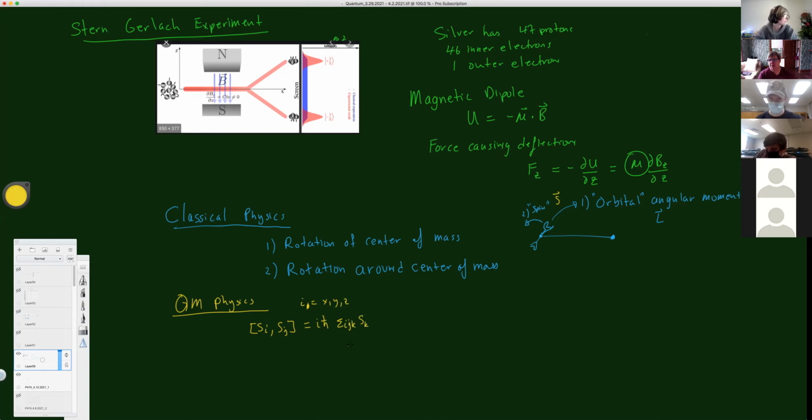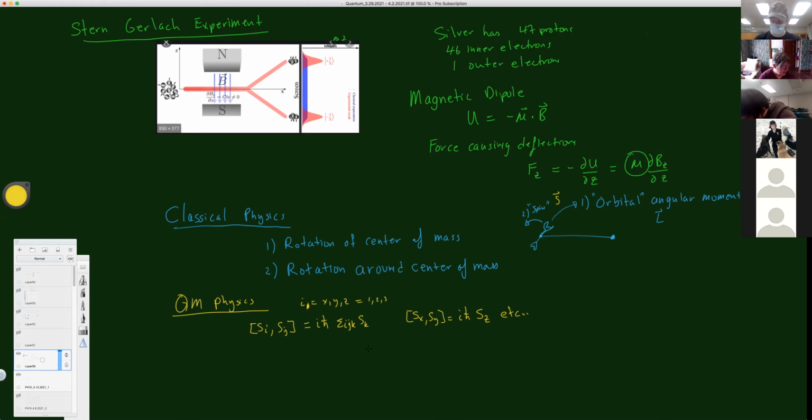We never wrote the L commutators this way, but we could have. So for instance, this gives you [S_x, S_y] = iħ epsilon_xyz S_z, which is just S_z, since epsilon is just one, etc. Here i = 1, 2, 3.